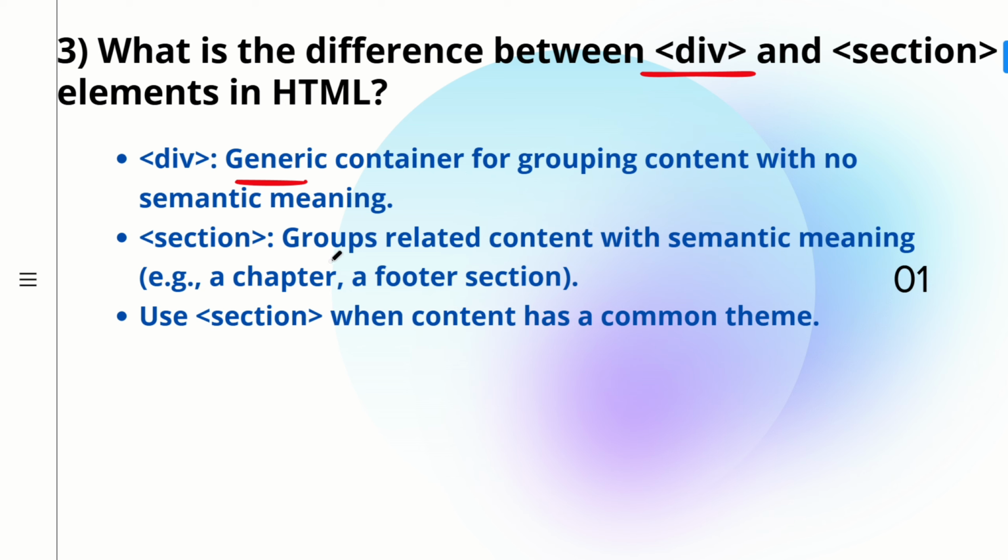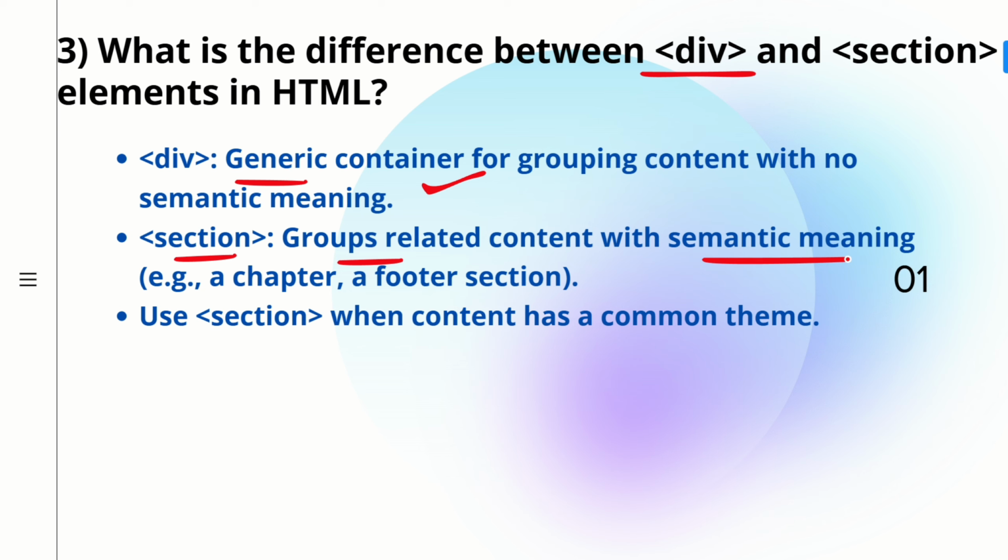Whereas section is a semantic tag and it groups related content. With div, it is not necessary that you group related content only; you can generically group the elements. Whereas with section, you have to group related content. Section comes under semantic tags, and it provides a semantic meaning that the group you see has some similar content.